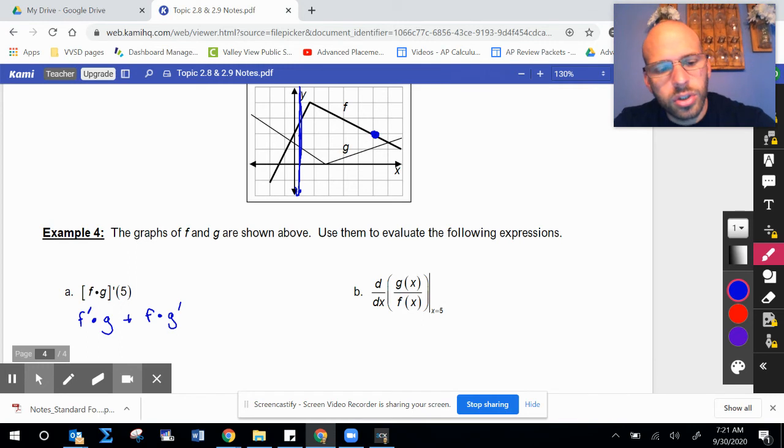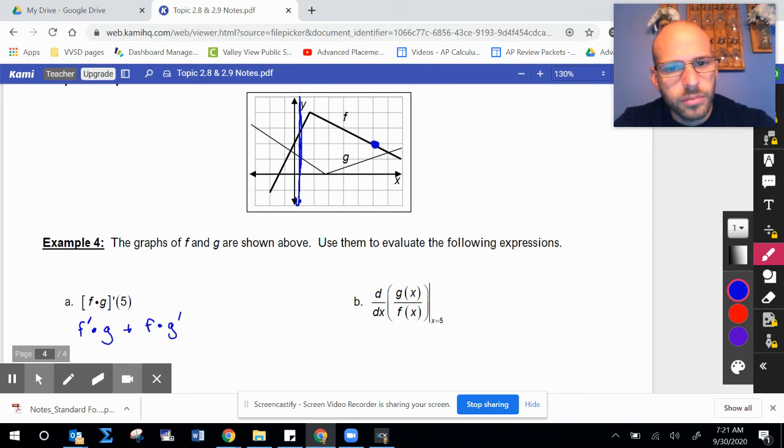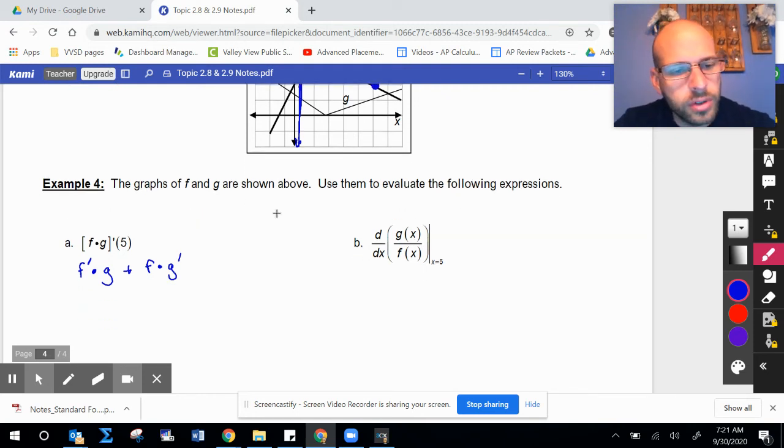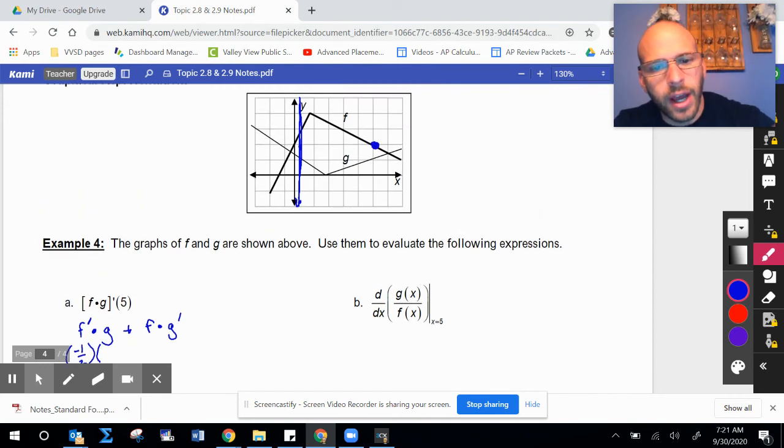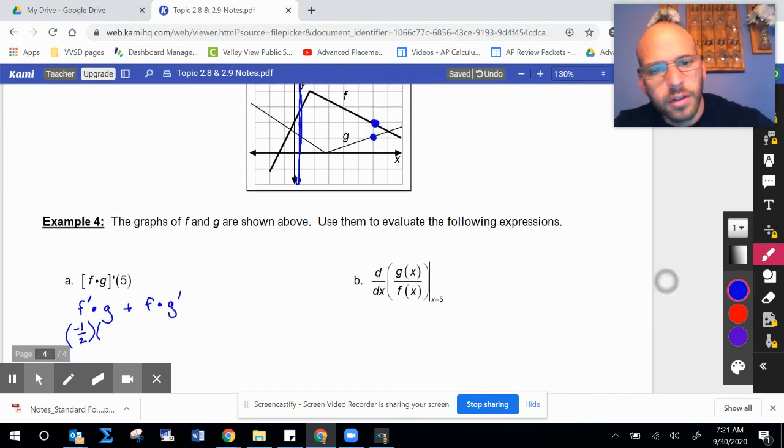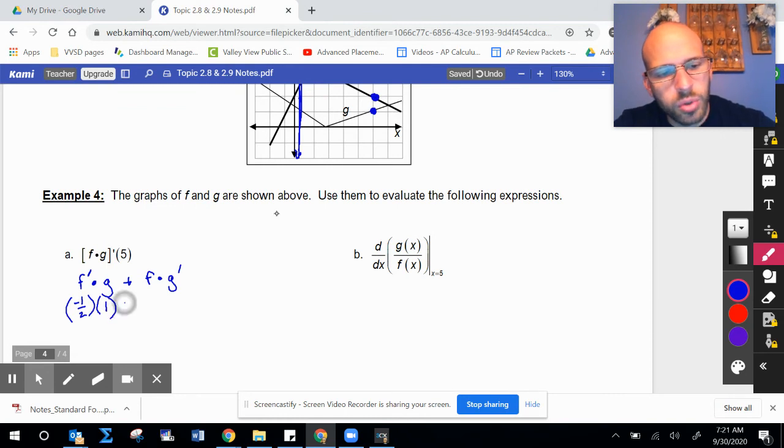Okay, the slope is going to be down 1 over 2, it looks like. Down 1 over 2. Now I'm doing an approximation. That's my best thing I can do because my graph is a little off. So down 1 over 2, and then g of 5 is going to be the output, which is just 1.